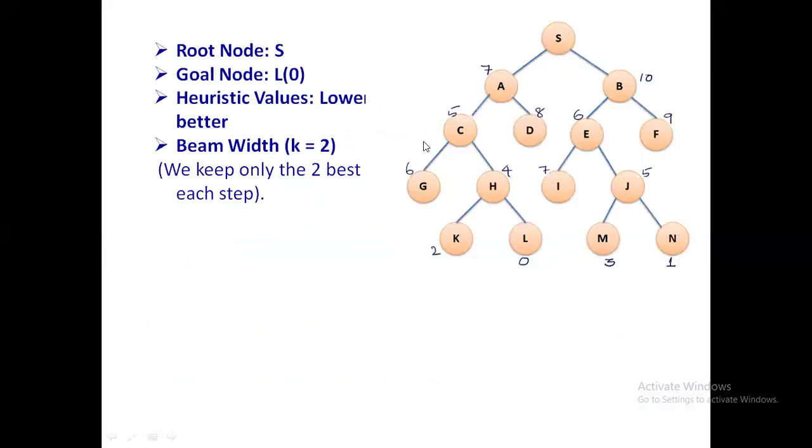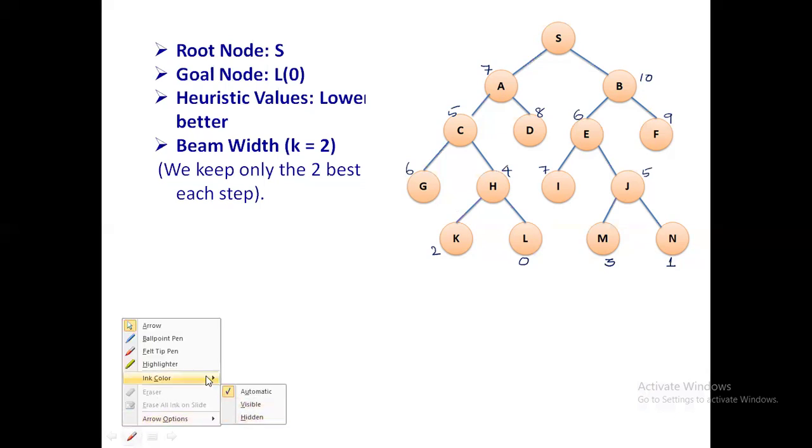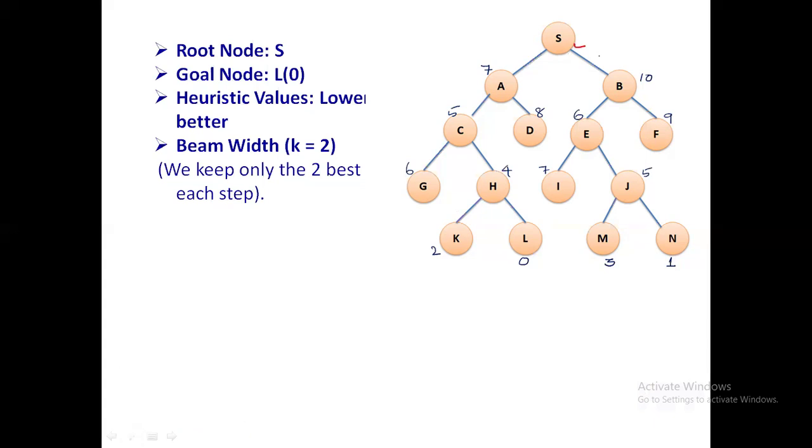Now we'll see one example problem. Here, S is the root node, and this is the goal node.